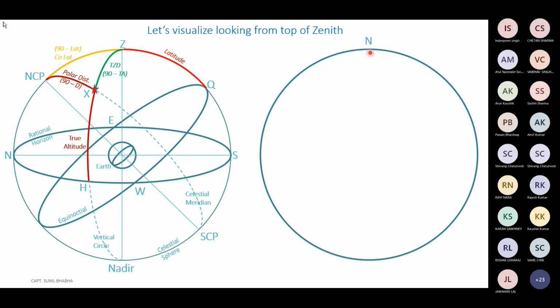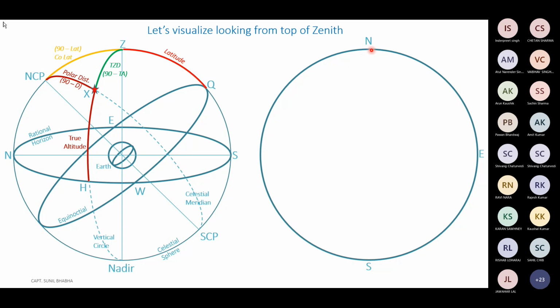We have the north point here. If you go to the right side by 90 degrees, you will reach the east point, represented by E in our diagram. And if you go exactly opposite to where the north point is, you will have the south point, represented by S in our rational horizon diagram.